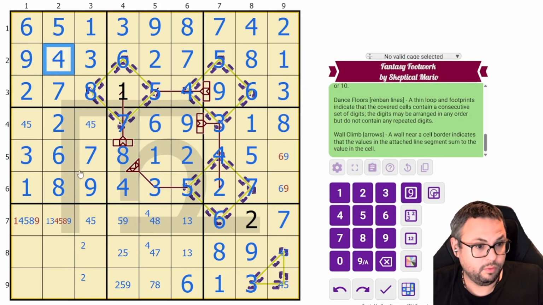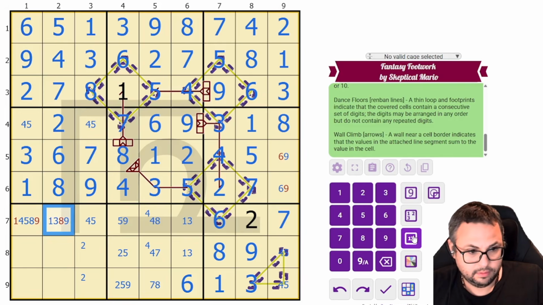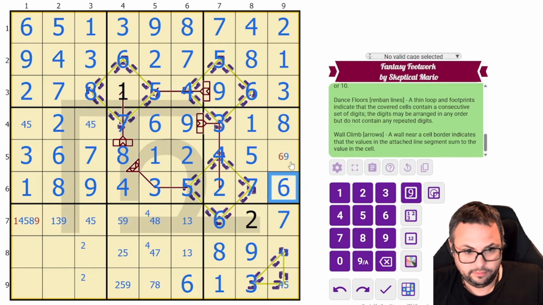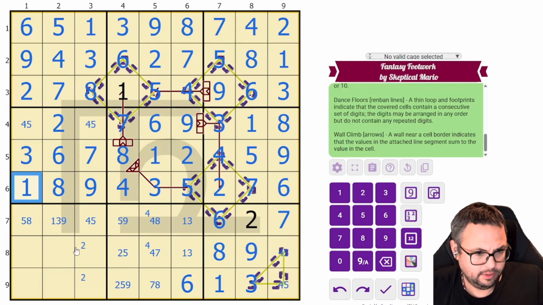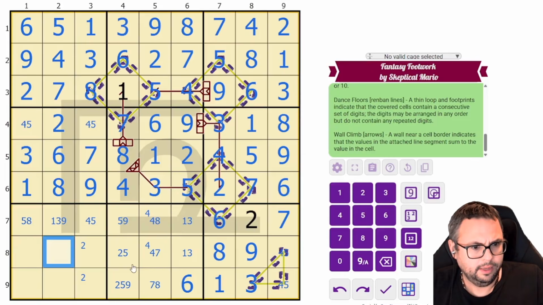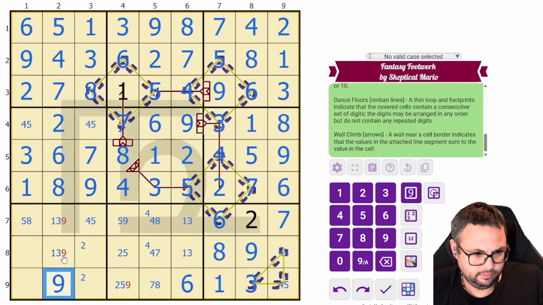6 doesn't go next to 4. 6 and 9. Okay, 4 doesn't go next to 1. Okay, everything's good. 1, 3, 9 running down this column. That one's only a 9 of those.